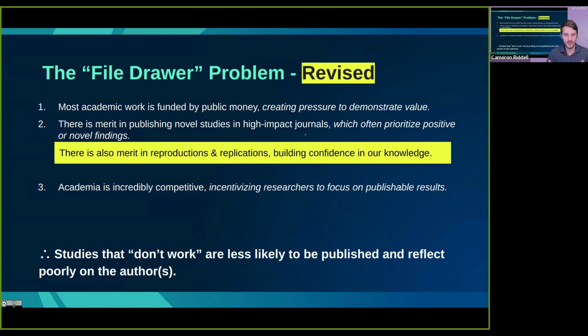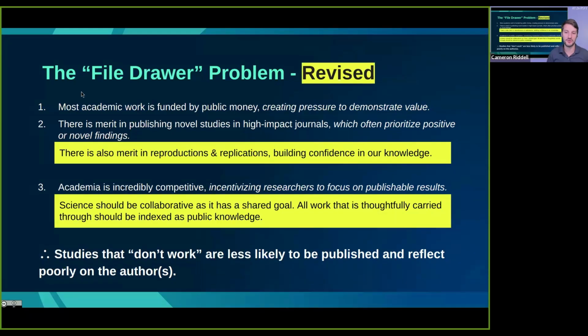And third, we established earlier that academia is incredibly competitive, and this incentivizes researchers to focus on publishable results. In an open science paradigm, we should also recognize that science should be collaborative, as it has a shared goal. It should not be individually competitive. All work that is thoughtfully carried through should be indexed as public knowledge.